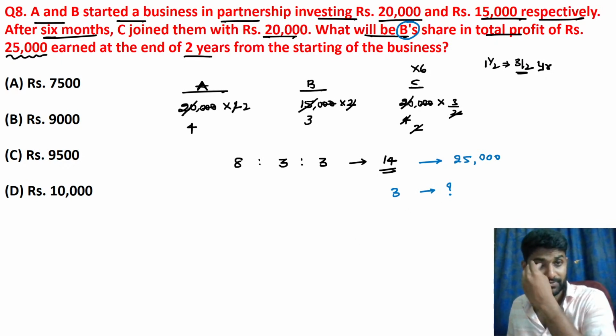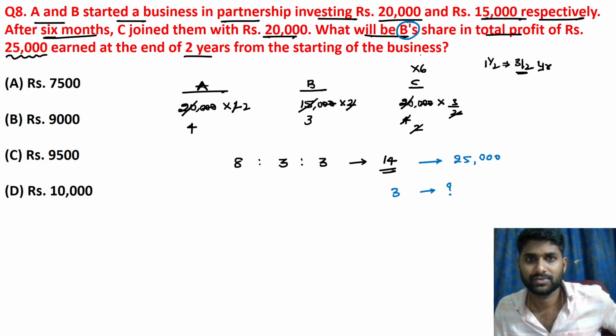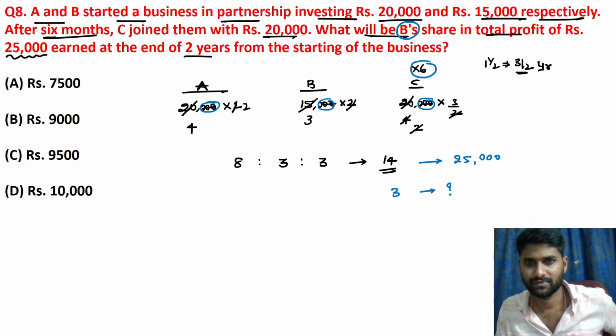Let me verify again. 20,000, 15,000 and 20,000. He is not there for the full time, so he joined after 6 months. 1.5 years value becomes 3/2. Cancel the zeros. 5 4s are, 5 3s are, 5 4s are. Again 2 becomes 2 times. Again 2 cancels and 2 cancels.